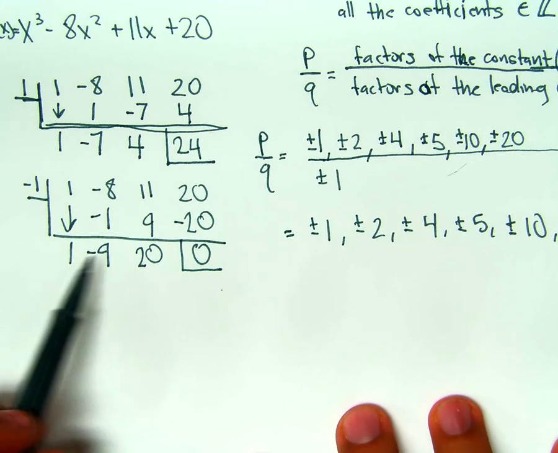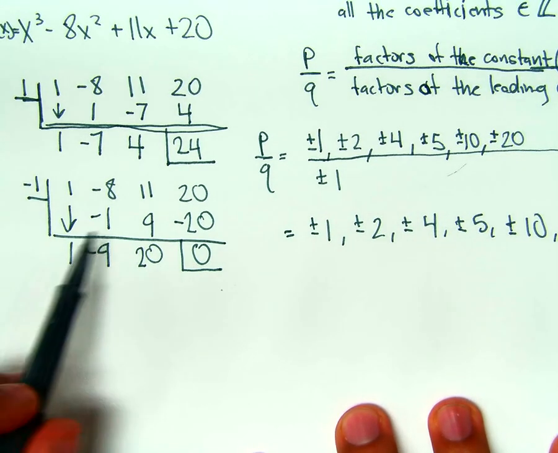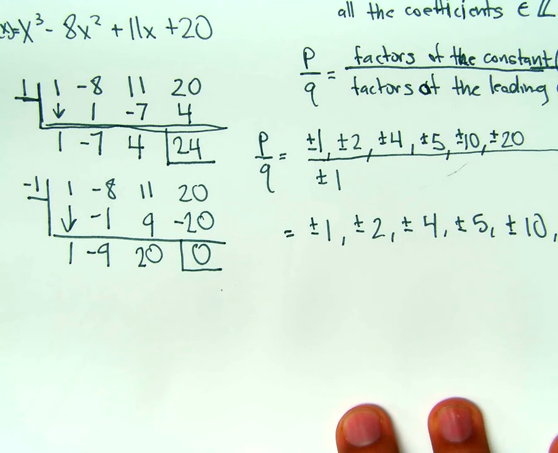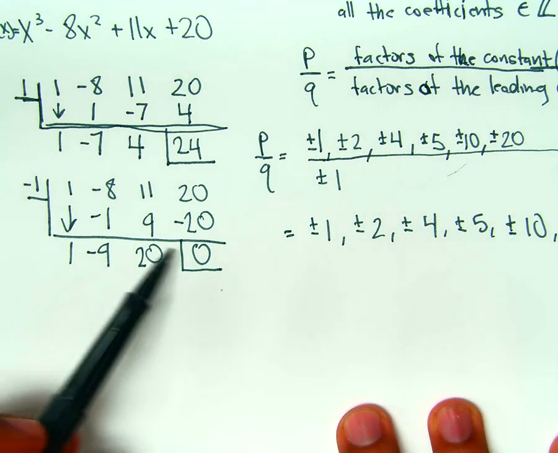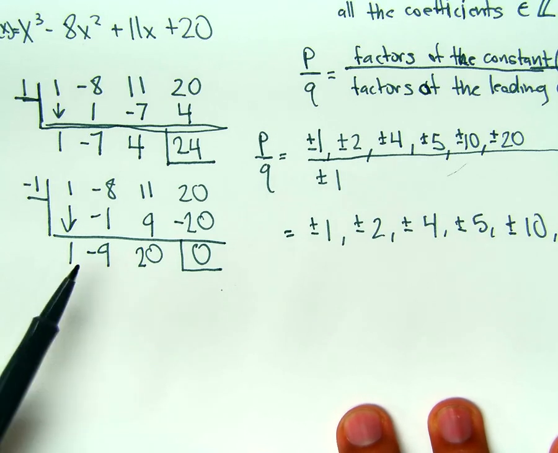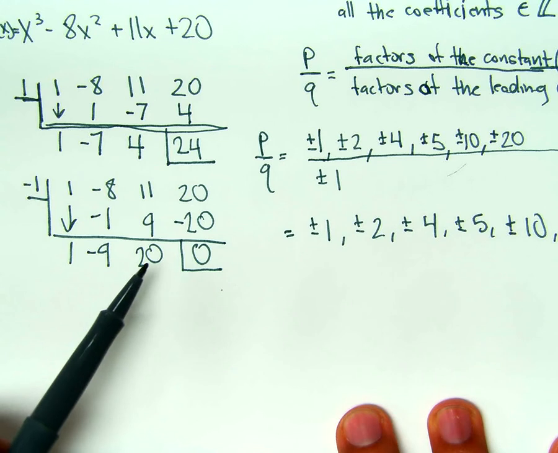Okay? So what's left here? What is this? Okay. That's what's left. But what does this mean? Okay, so yeah, this is x squared minus 9x plus 20.